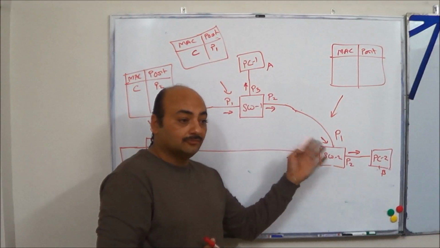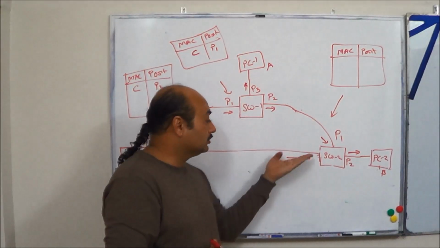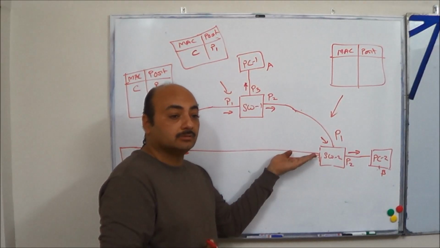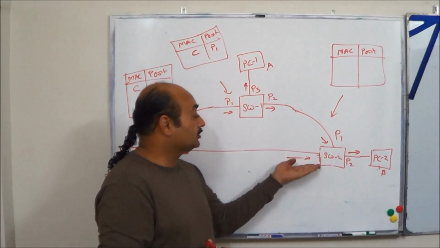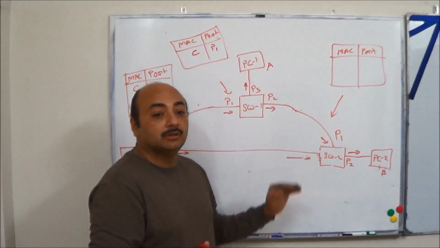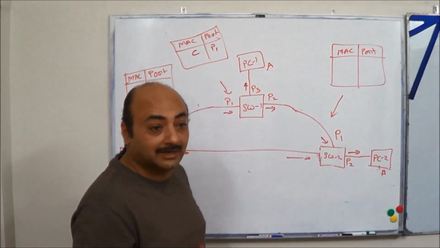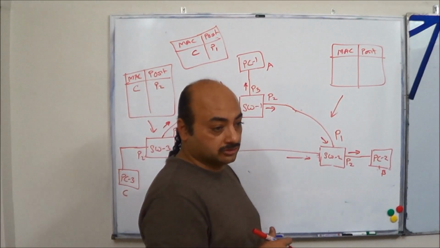You get the point? First case, there was no frame coming from here, and how it would have reacted. Second case, the frame is coming from here, none from here. And then in reality, the frame is coming from both directions. That is the reality for the switch.